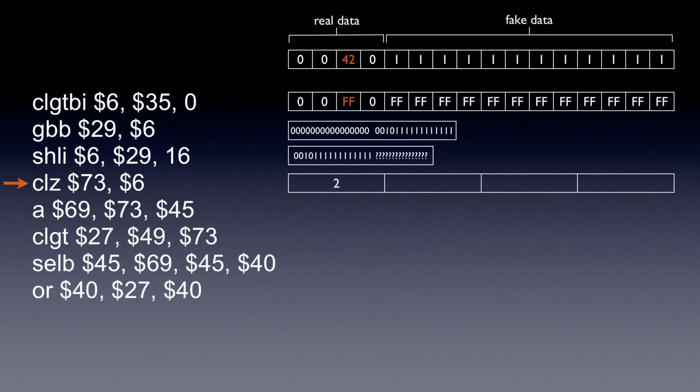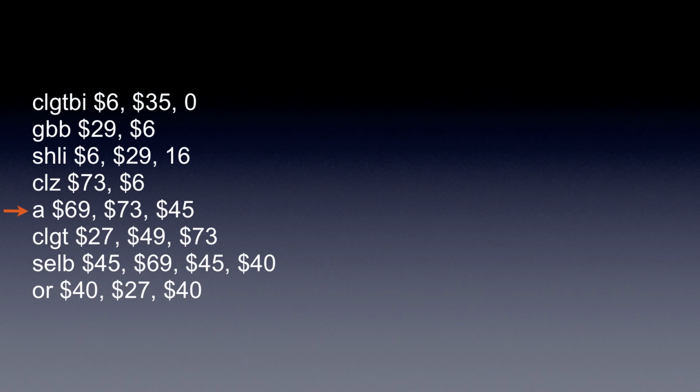However, we're not quite done because, like I said, you have to do this in a loop. So we have to be able to know when to stop, know if we need to add this count to the previous count, just basically update some state, which is what these next 4 instructions do. Okay, so we're going to stuff into register 69 what's in register 73 and 45. That probably doesn't make sense to you, but here's what it is.